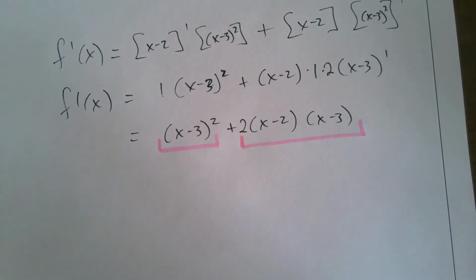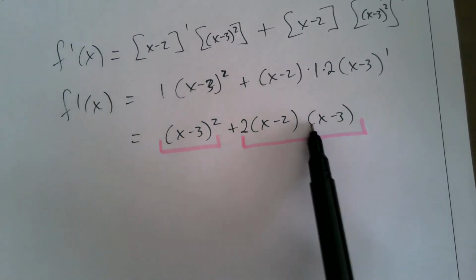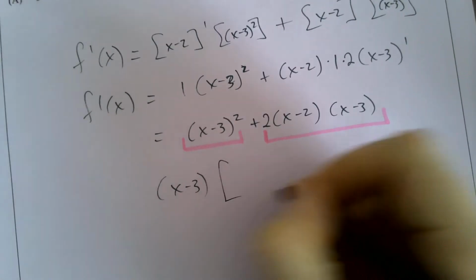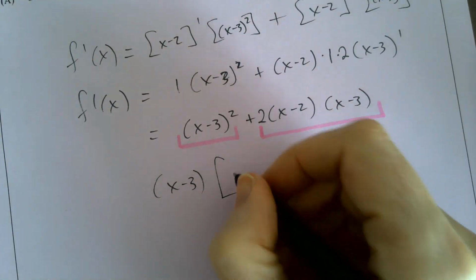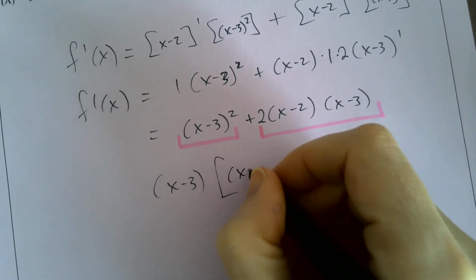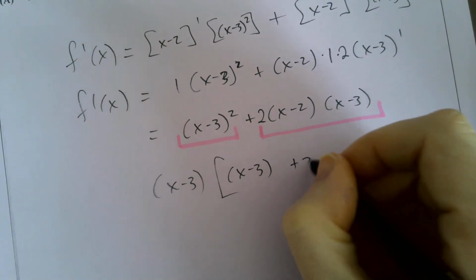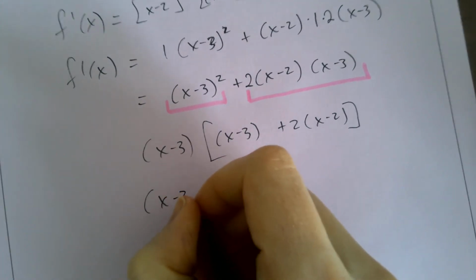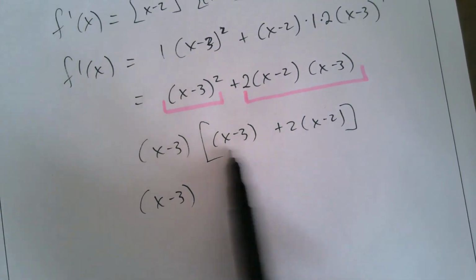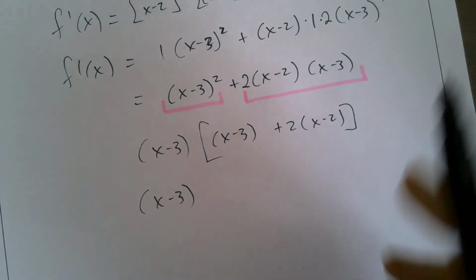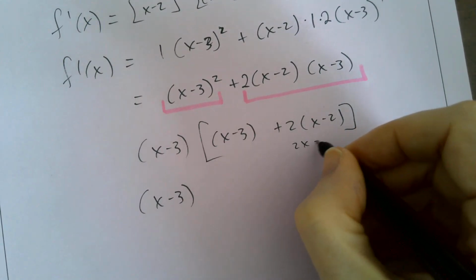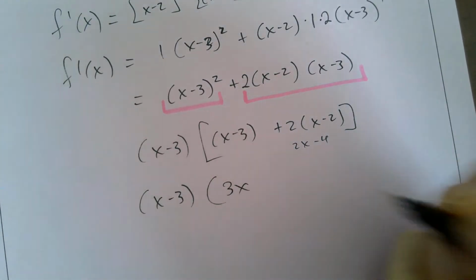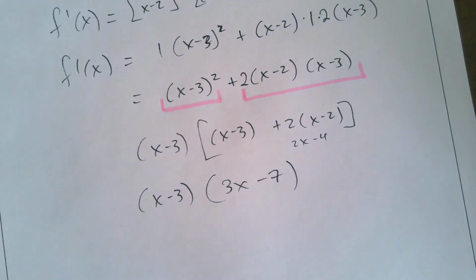So you can take out an x minus 3, and then you're left with x minus 3 plus 2 times x minus 2, which is 2x minus 4. Then you can combine like terms, so this is 3x minus 7.